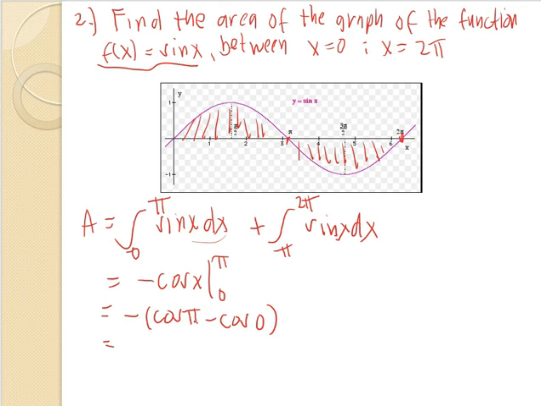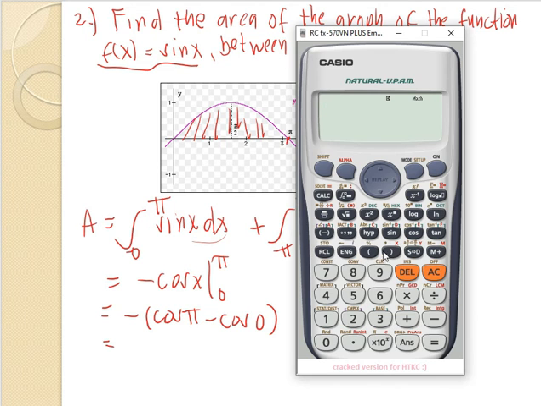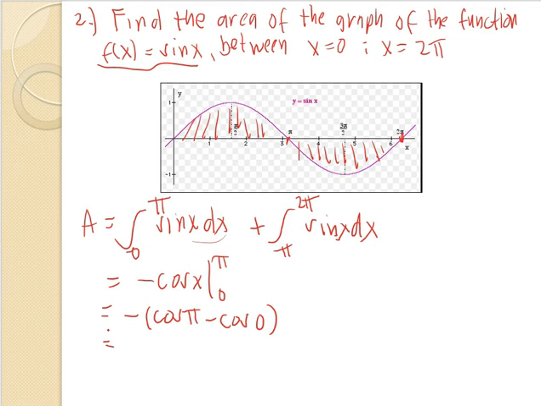Pwede yun, no? Take note that pi is equals to 180 degrees, or 180. So in your calculator, class, press cosine, and then pi is 180. So cosine of 180 is equals to negative 1. Okay, so we place negative 1 here.